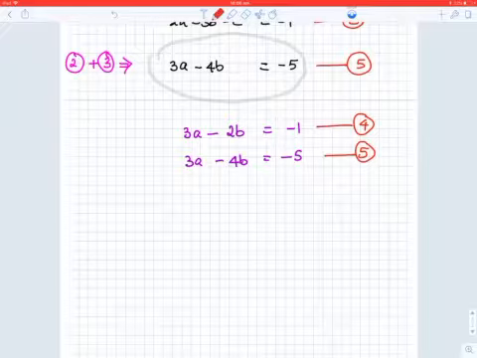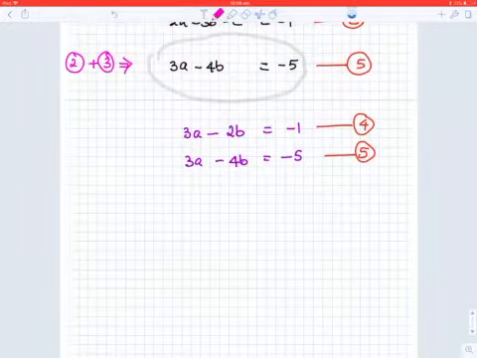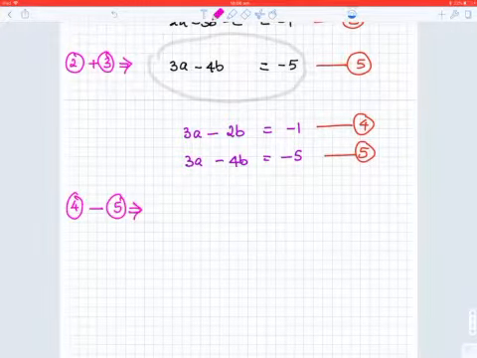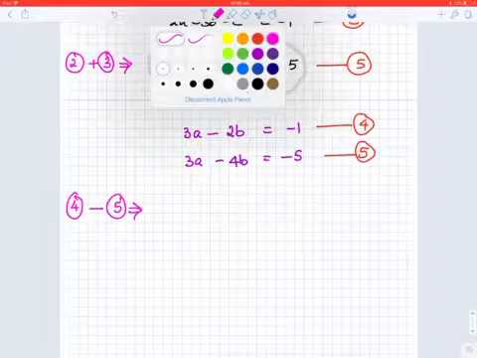We have eliminated C. Now at this stage you can eliminate A easily by just subtracting, because both have 3A. If I take one from the other, the A will disappear.